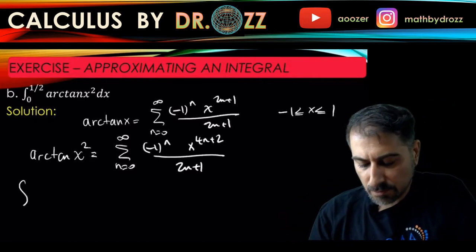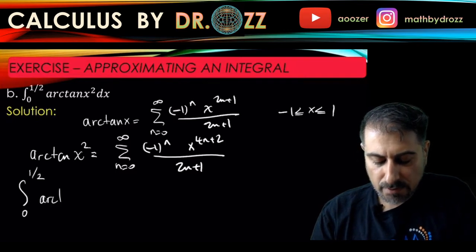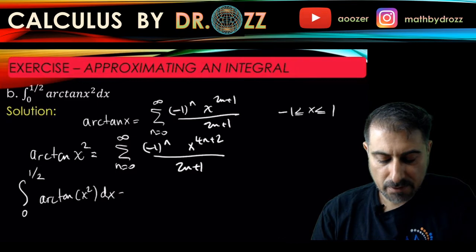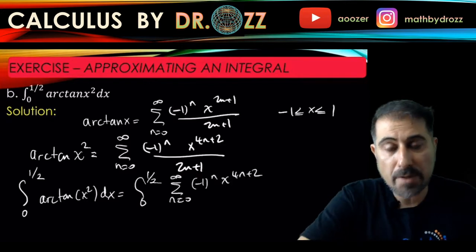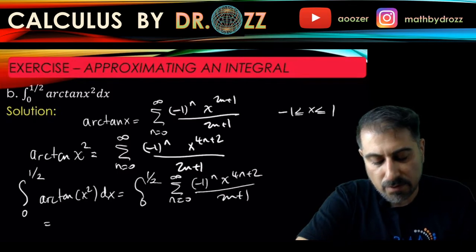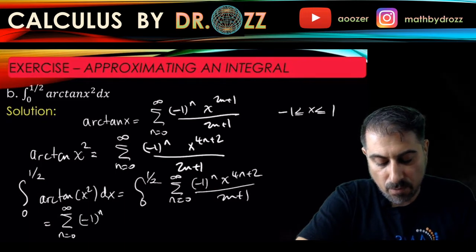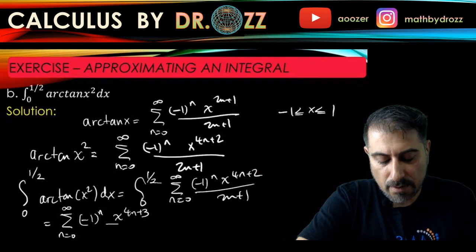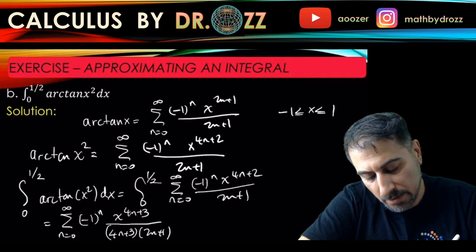The integral from 0 to 1/2 of arctan x squared dx is the integral of, in fact, the infinite series. And all I'm going to do is term by term integration. So the infinite series (-1)^n x^(4n+3) divided by (4n+3) and (2n+1), and this should be evaluated at the lower and upper limits.